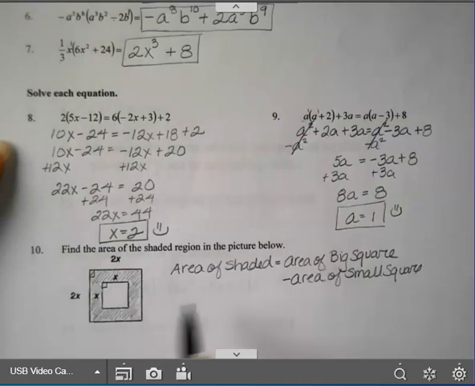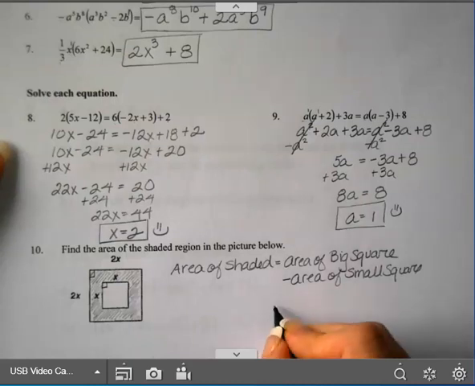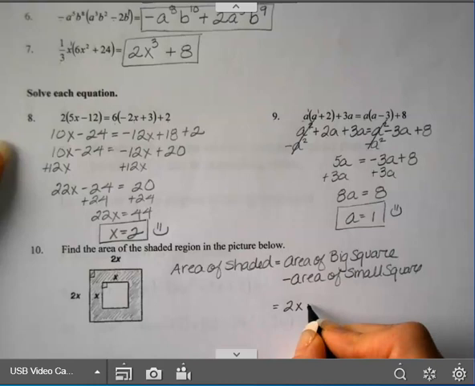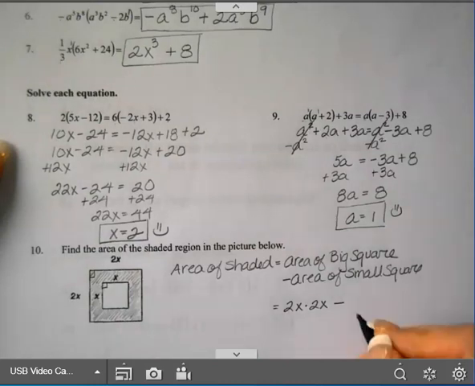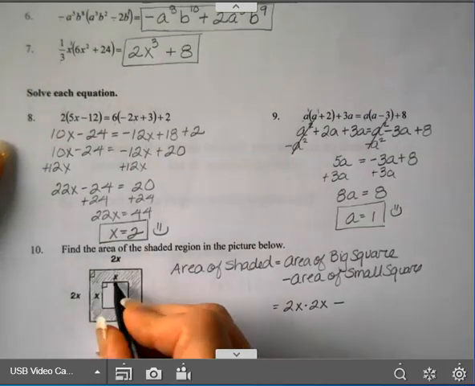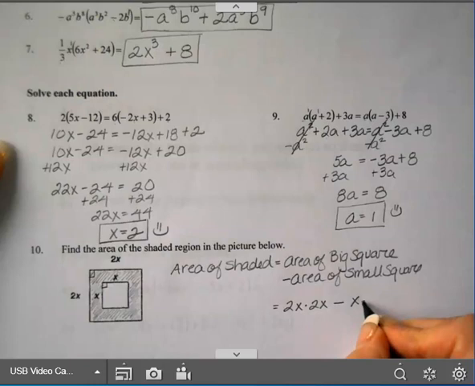So the area of the big square, remember area for a square or rectangle, you just take the length times the width. In this case, the length and width are the same. So sometimes they'll just do the area of the square as the side squared. So it's going to be 2x times 2x. Minus the area of the small square, and it has sides x and x, so it's going to be x times x.